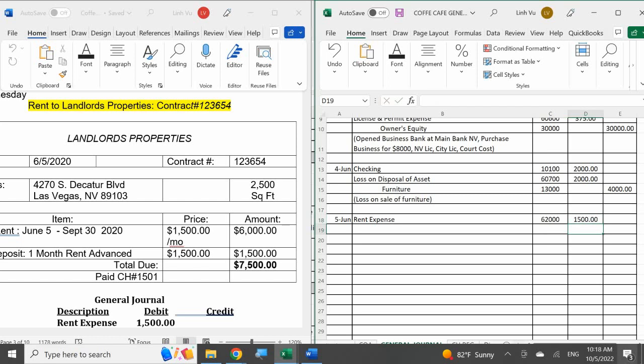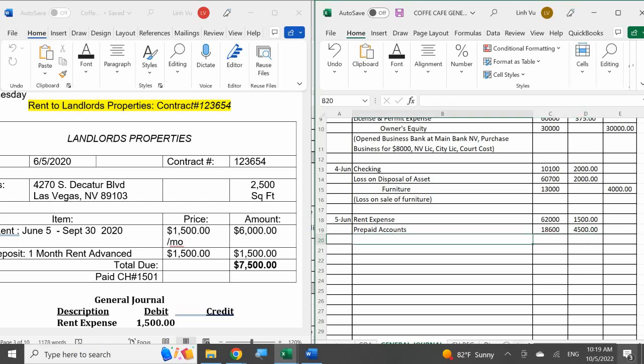Then we end up buying 3 months of rent in advance. So we have a prepaid account for those 3 months' worth of rent. Now, how much is those 3 months of rent worth? $4,500, right? If it's $1,500 per month, multiply it by 3, it's going to be $4,500, okay?